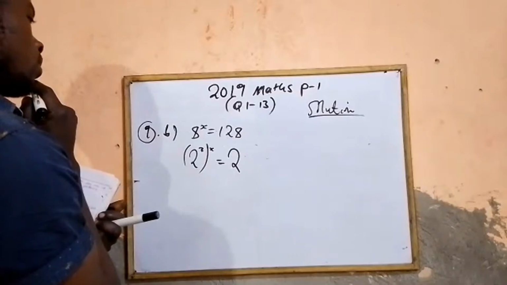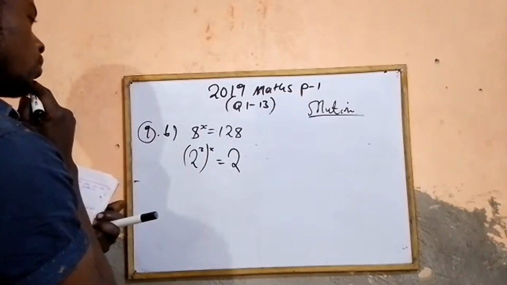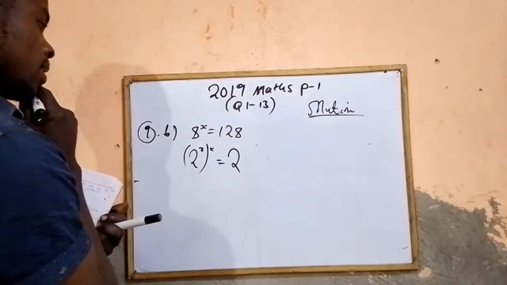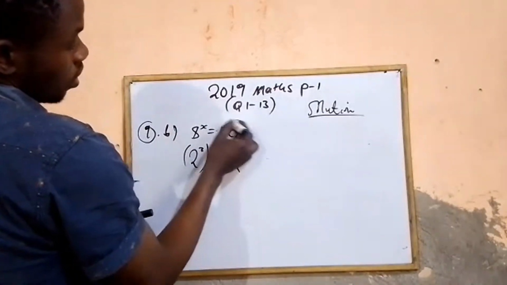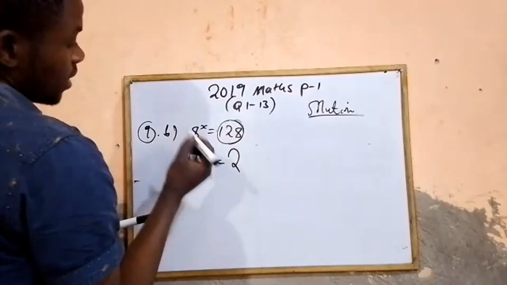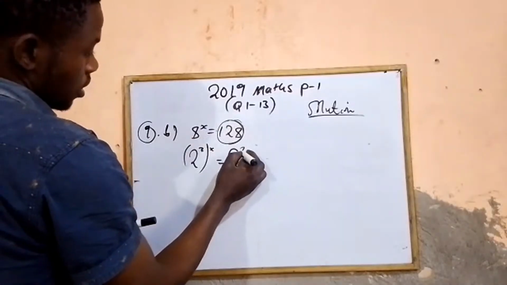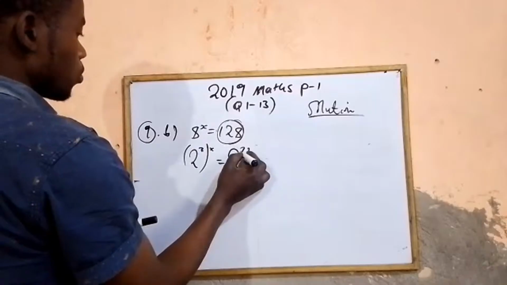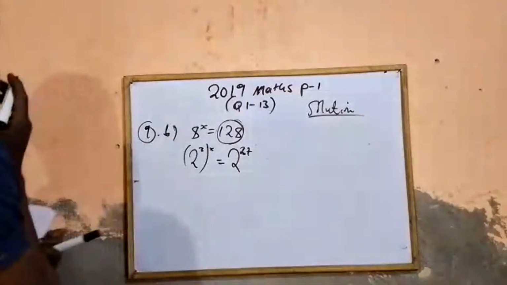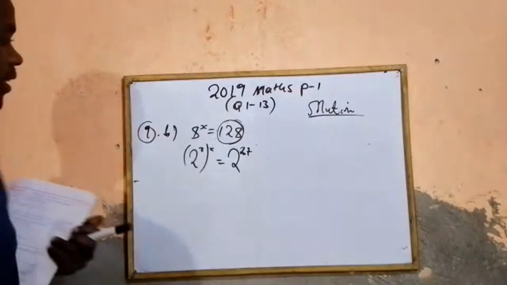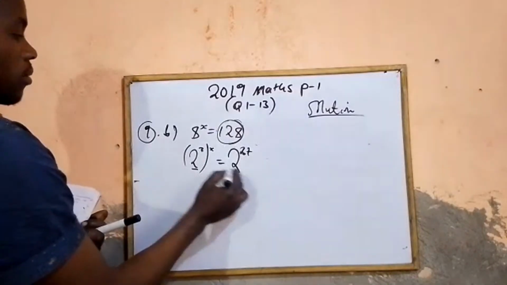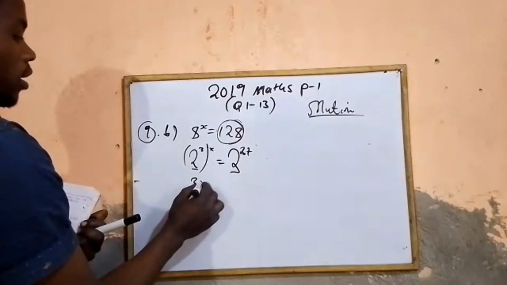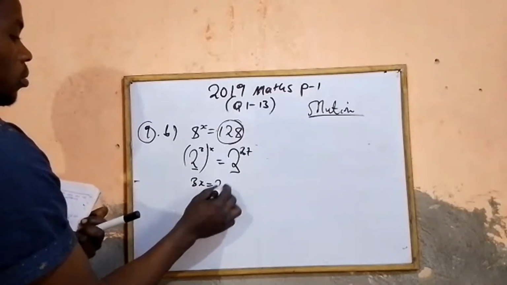Okay. So we must look for a number which, when you raise 2 to it, you're going to have 128, and that number is 7. When you raise 2 to 7, you're going to have 128. Okay. So because bases are the same, 3 times x, you're going to have 3x, which will be equal to 7.